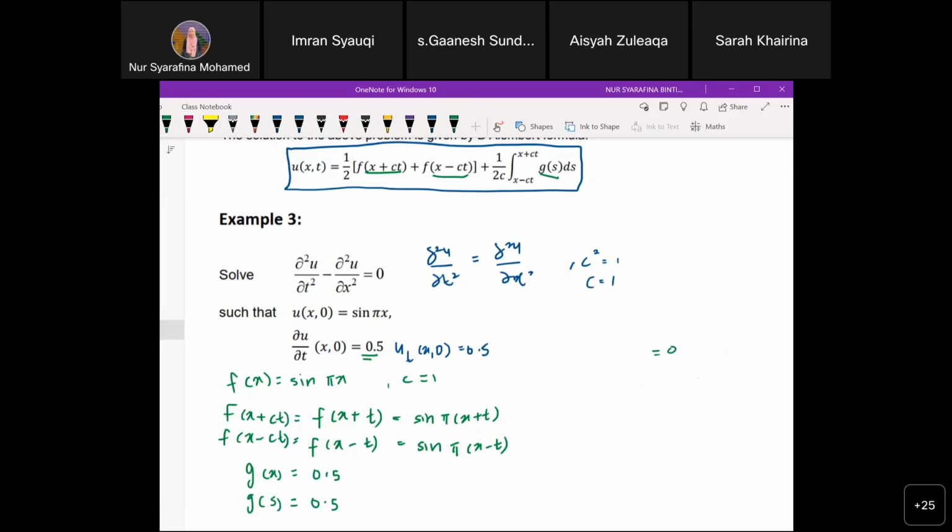Now you have all of the information, so just substitute into the given formula.